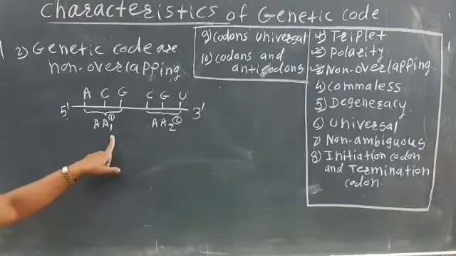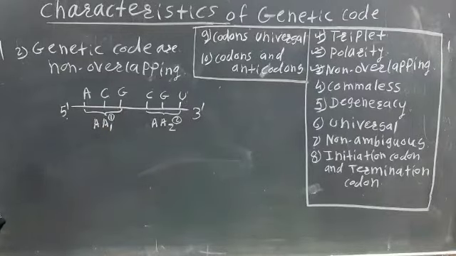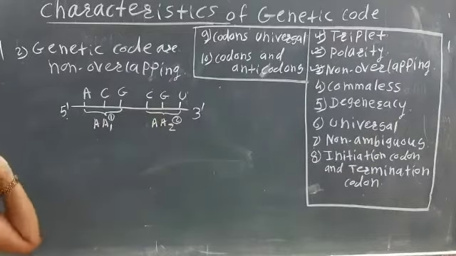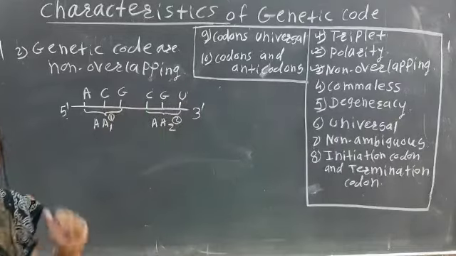So the experimental evidence is against overlapping codons. On the mRNA, if 6 codons are present, the first 3 code one amino acid and the other 3 code another amino acid, like this. These are the codons which are non-overlapping.